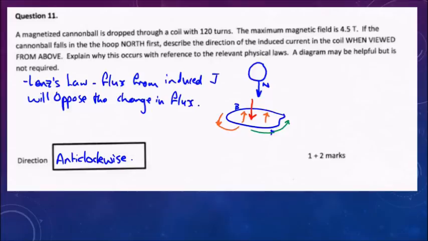Now, at times I've talked about external flux, and that's something that you see written in some questions. At least I think I didn't just make it up. What we mean by that is the flux that is coming from the external source of the magnetic field, which is the magnet. So we're opposing that change in flux.